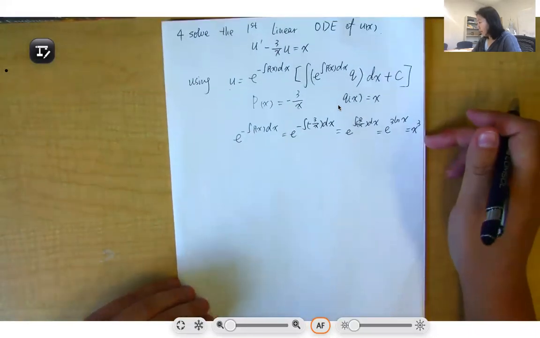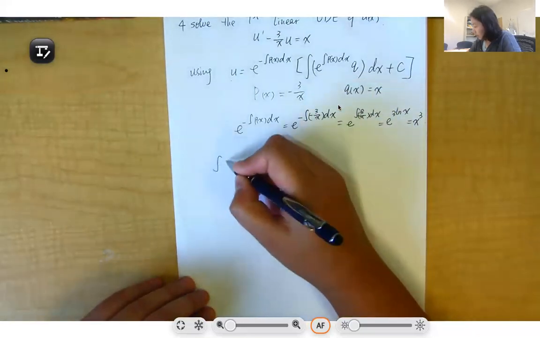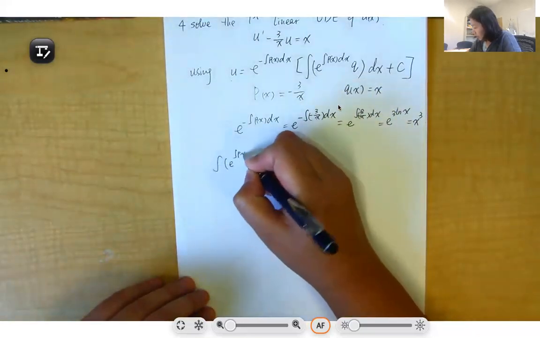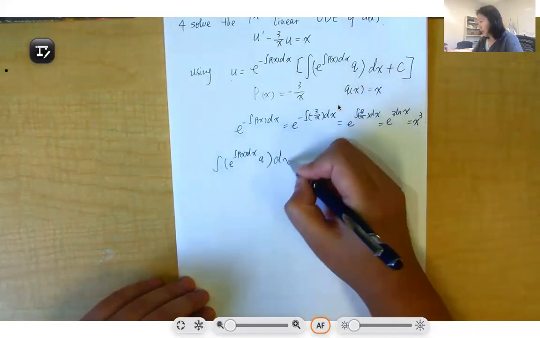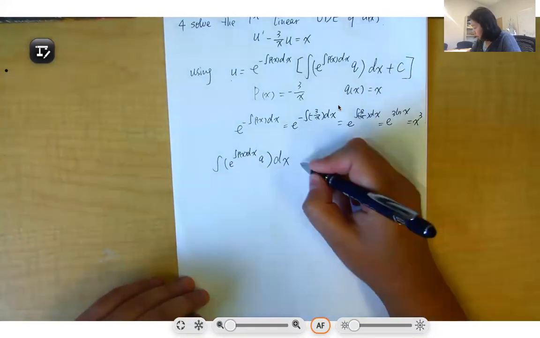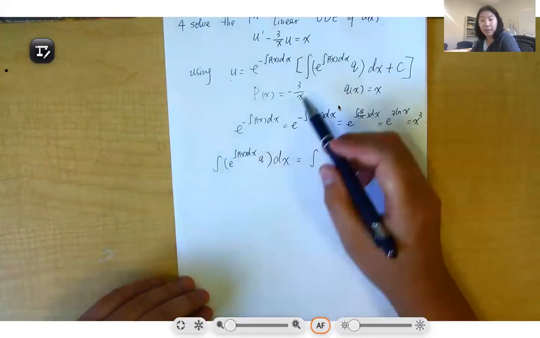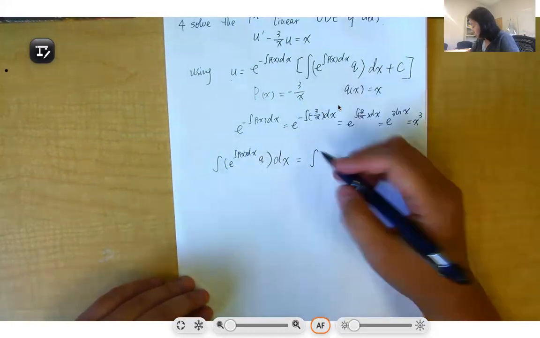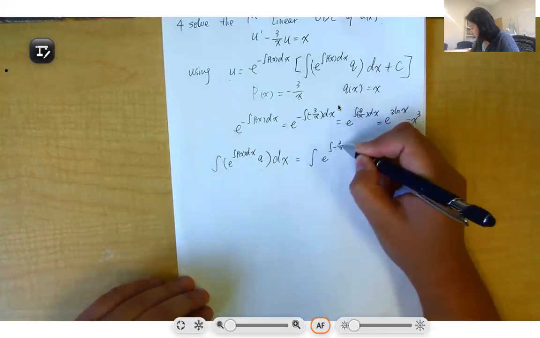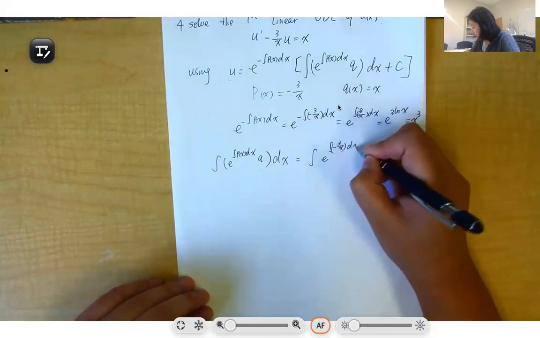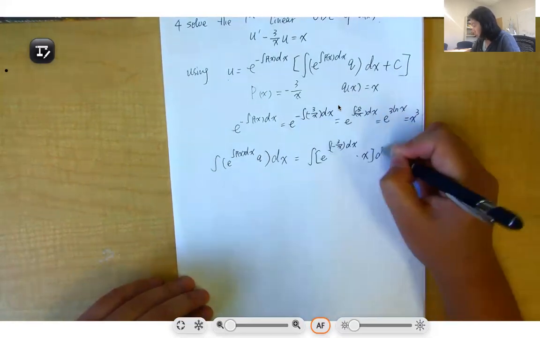And after that, we can integrate this part. So it's the integral of e to the integral of p dx, q dx. And we know that q is x, p of x is minus 3 over x. So it's e to the minus 3 over x dx, times q, which is x here, and integral.